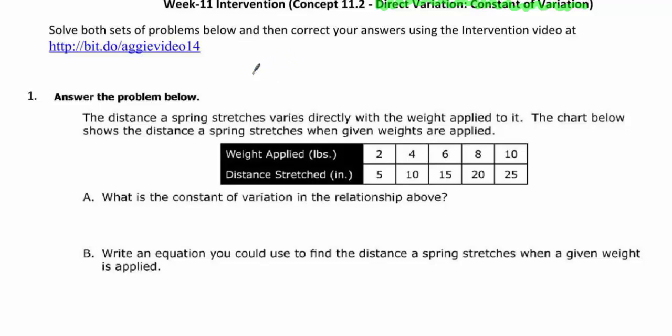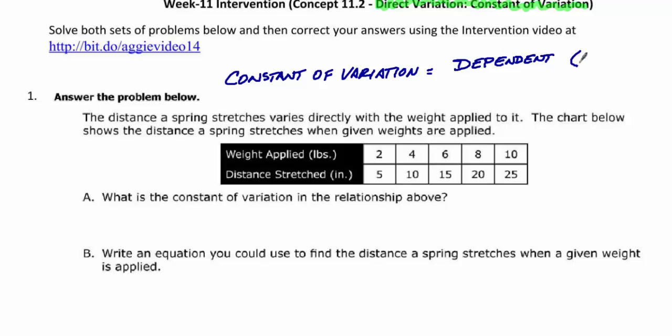The formula for finding the constant of variation, anytime you want to find the constant of variation, that is equal to the dependent value, which we know is the effect, it's what happens, divided by the independent value.